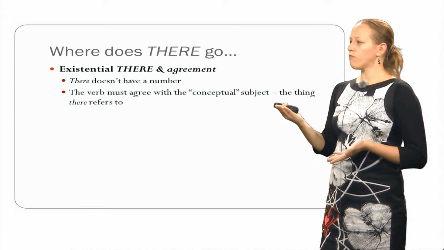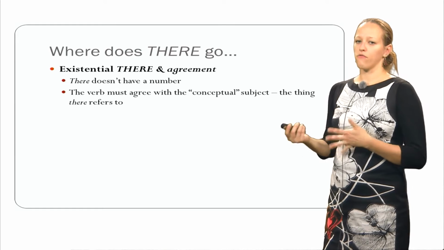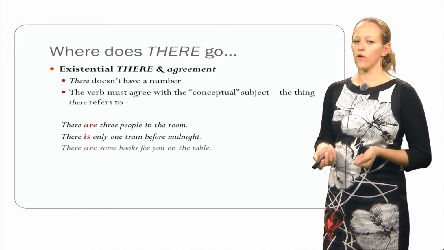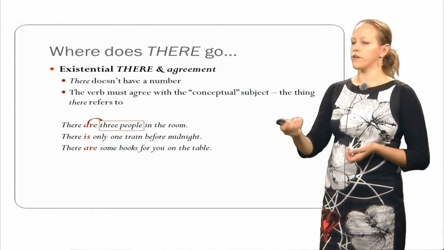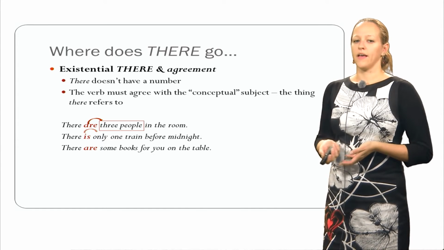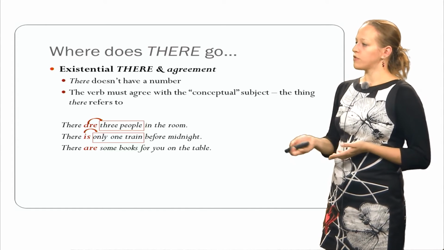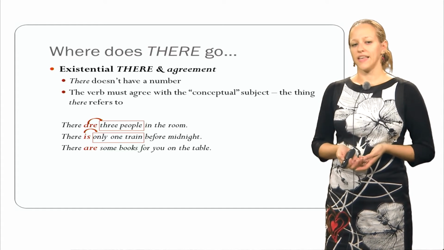We need to look for what is called the conceptual subject, the thing that there refers to. So for example, there are 3 people in the room. We are referring to the 3 people, so people plural, we need to use are. There is only 1 train before midnight. 1 train, singular, we need to use is.